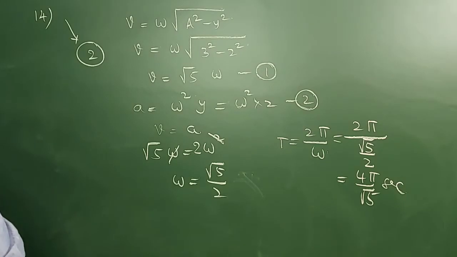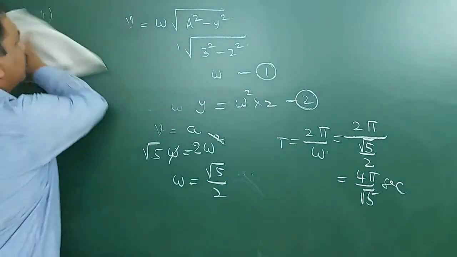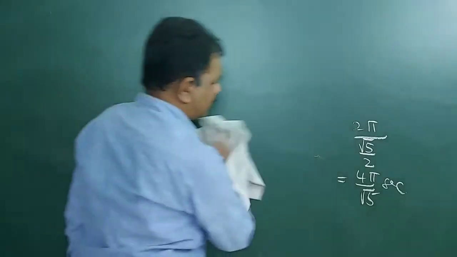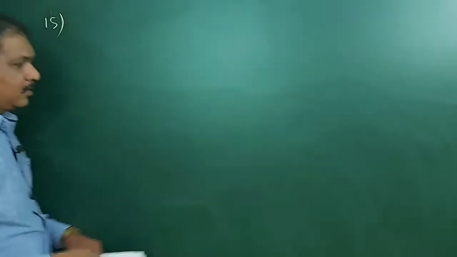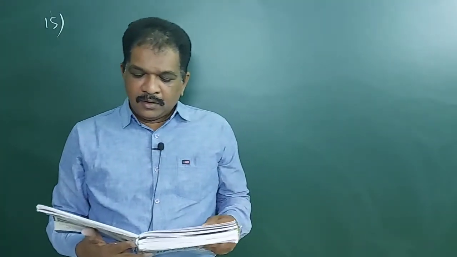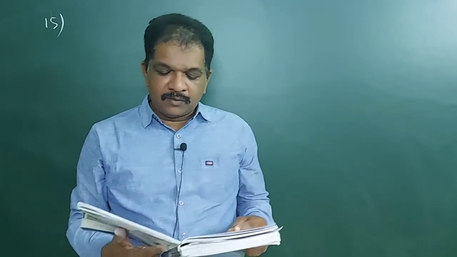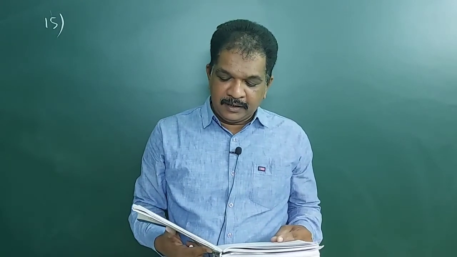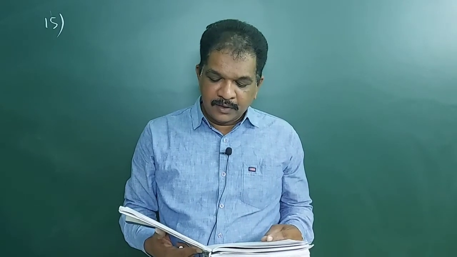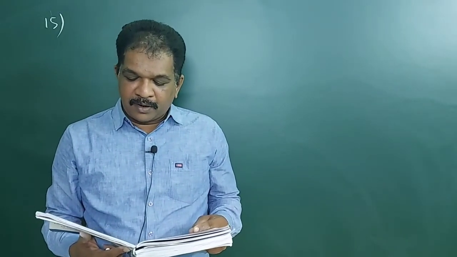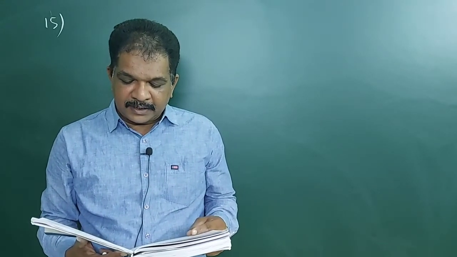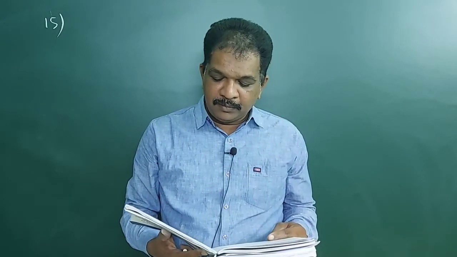Okay. Next, see the 15. What they are asking: a pendulum is hung from the roof of a sufficiently high building and is moving freely to and fro like a simple pendulum. The acceleration of the bob of the pendulum is 20 meter per second square at a distance of 5 meter from the mean position.